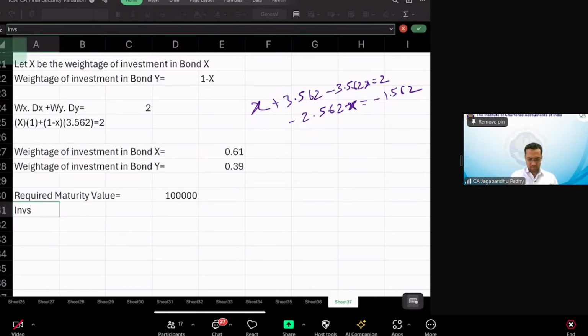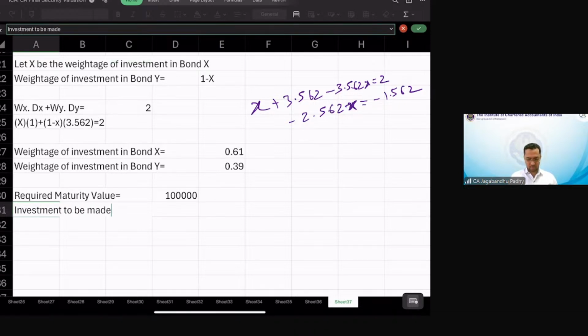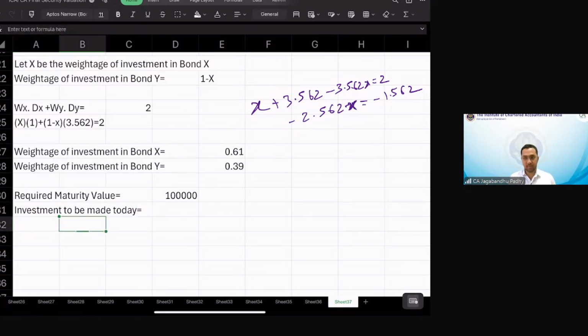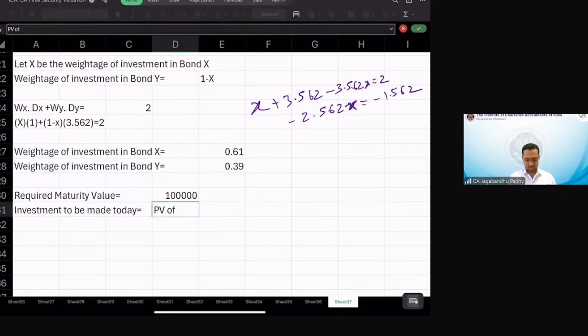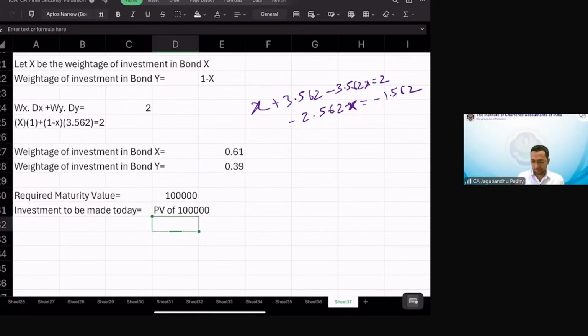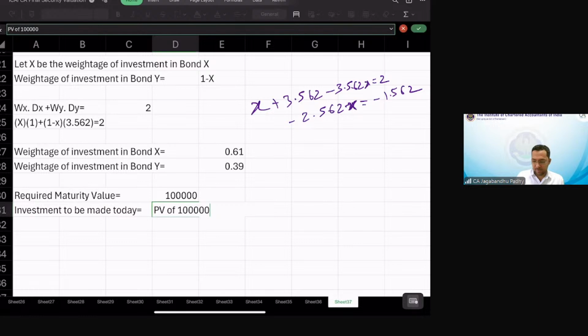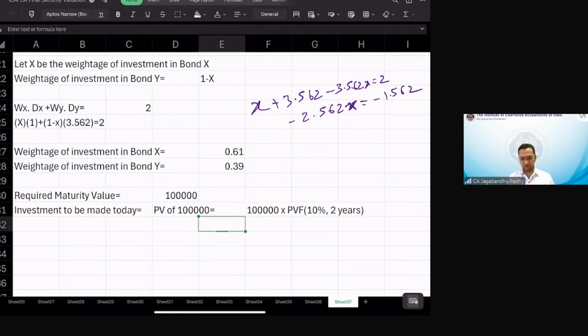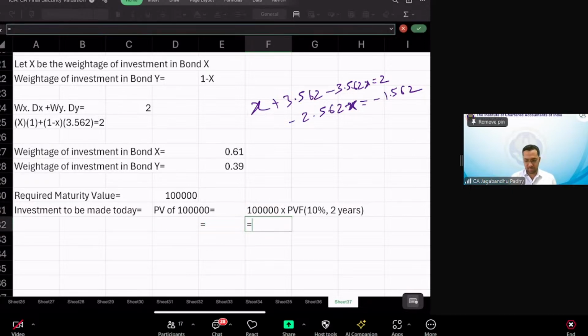So the investment to be made today will be the present value of 1 lakh. So that present value of 1 lakh will be computed as 1 lakh into the present value factor at the ongoing rate, whatever is the ongoing rate, 10% for 2 years.